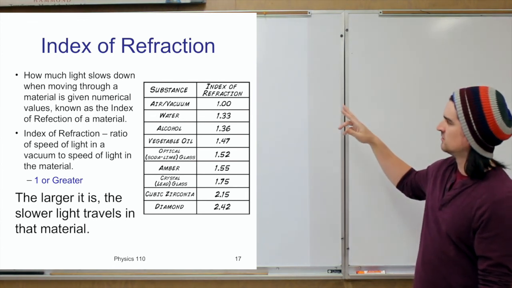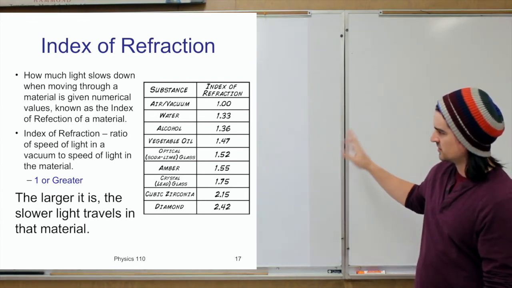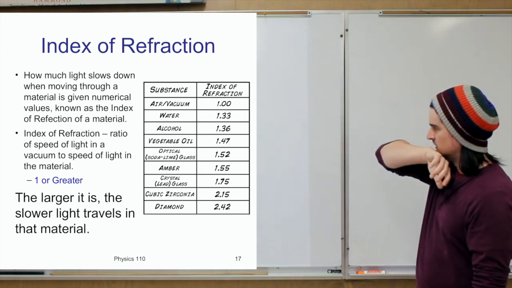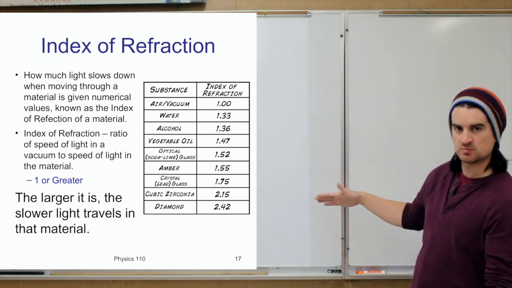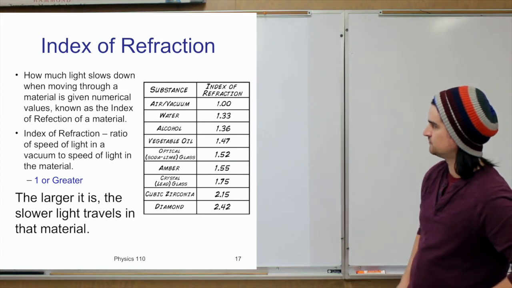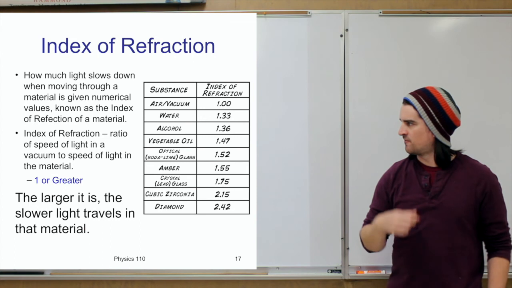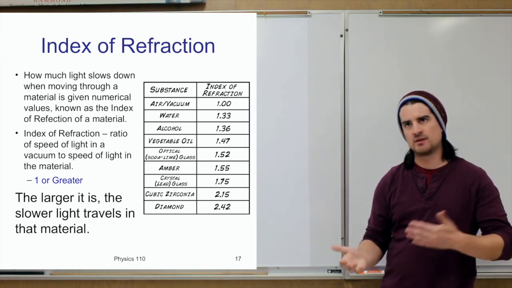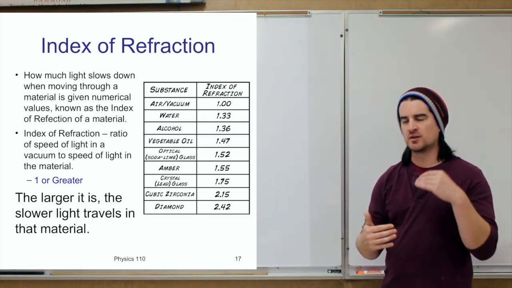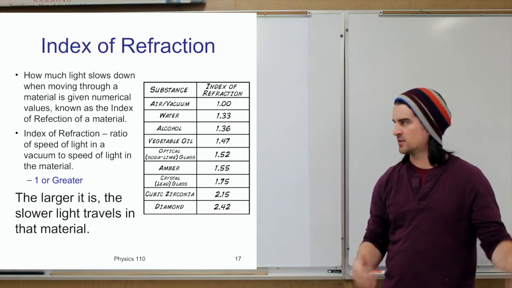In alcohol, even slower. So we get slower and slower. All the way down here into diamond, it moves pretty darn slow, actually. So this is just a way of quantifying how much slower light moves in a material compared to how fast it moves in a vacuum.